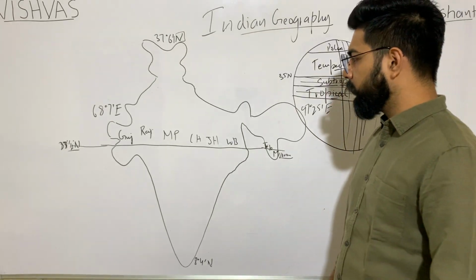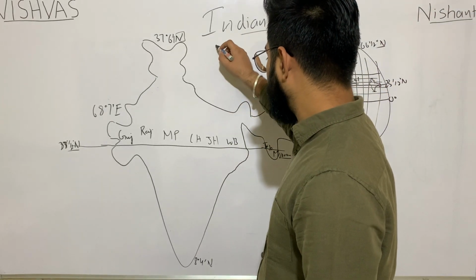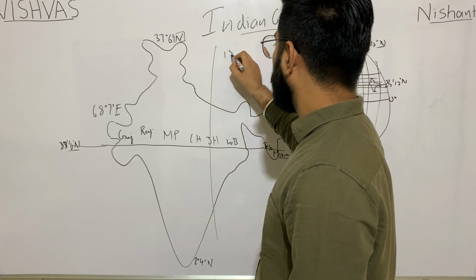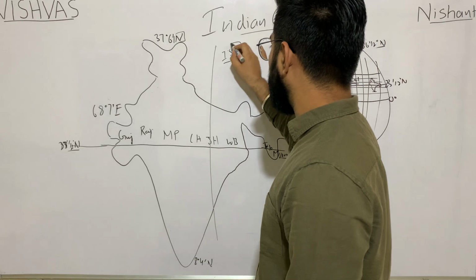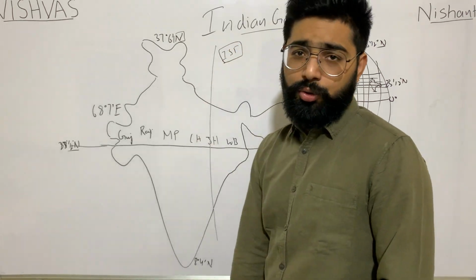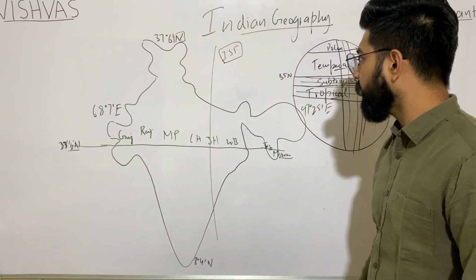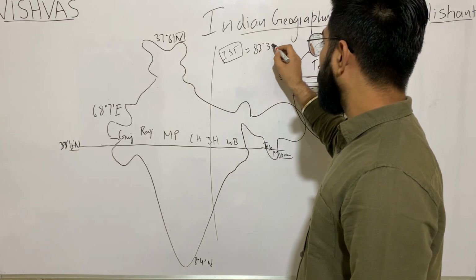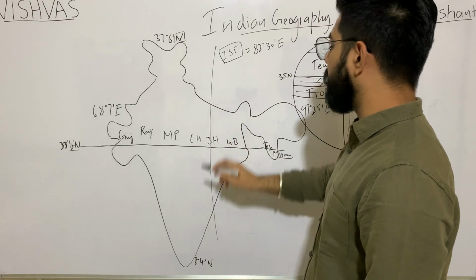Now one longitude is known as IST, which shows Indian Standard Time. The value of IST is 82 degree 30 minutes east.